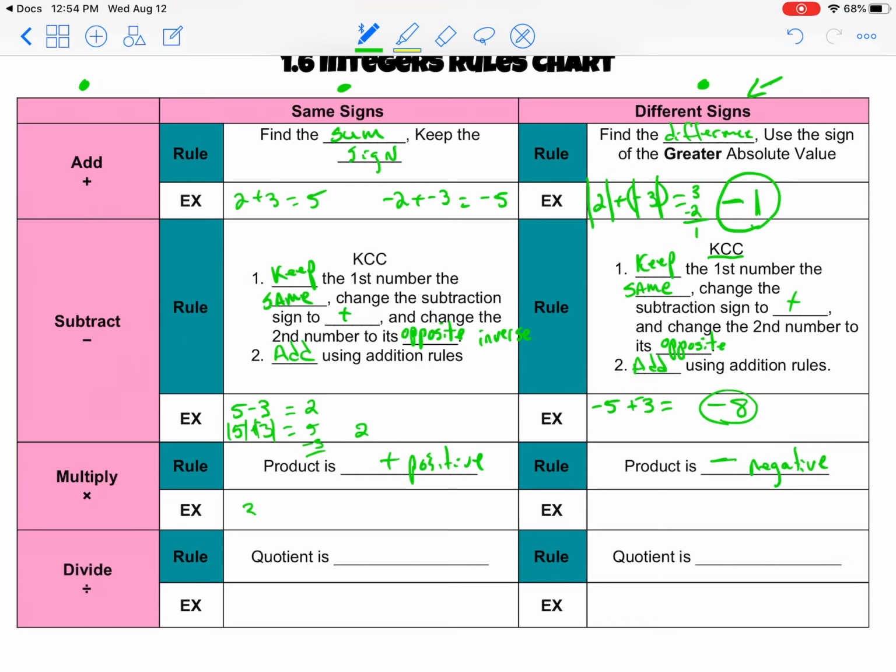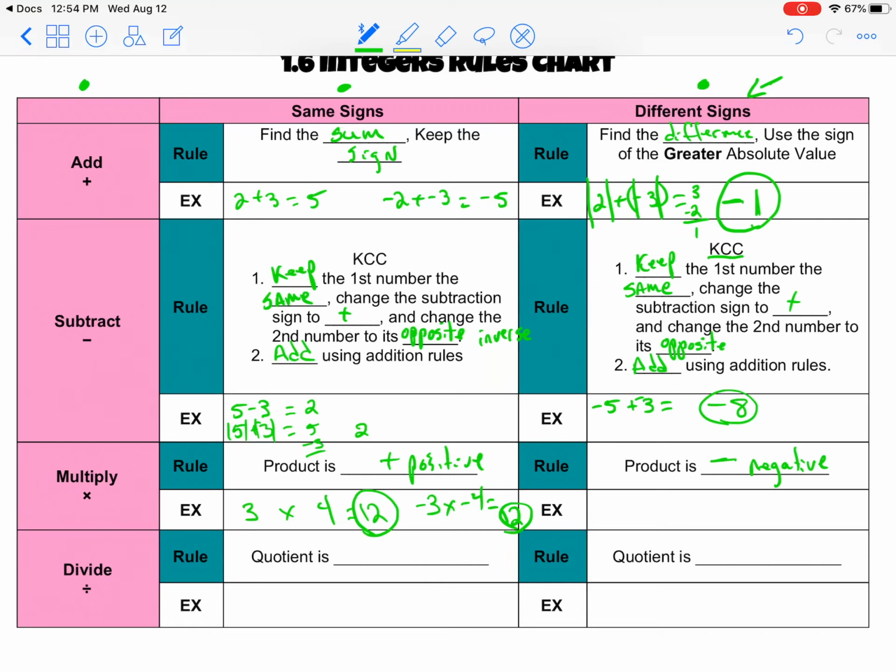Here's an example. 3 times 4. Are those signs the same? Yep, that equals 12. Well, negative 3 times negative 4. Guess what? Those signs are the same too, right? A negative times a negative gives you a positive result. 3 times 4 is 12. Both of these give you the same answer of 12.